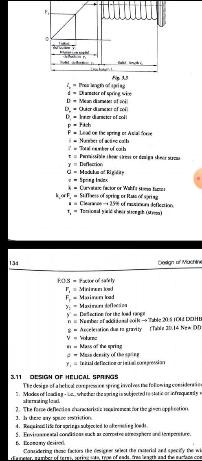Y2 is the maximum deflection. Y dash is the deflection for that load range. N is the number of additional coils. G is acceleration due to gravity. V is the volume. Small m is the mass of the spring. Rho is the mass density of the spring. Y1 is the initial deflection or compression.